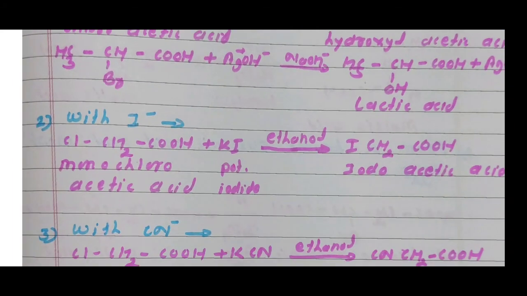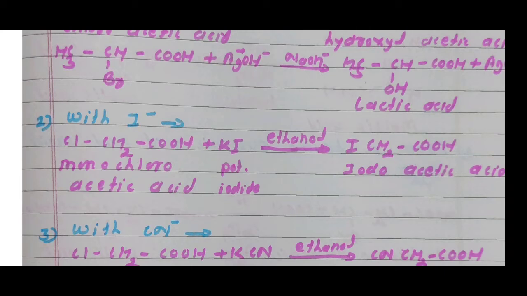Then the second reaction here, substitution by iodide. When chloroacetic acid is treated with potassium iodide, KI, in ethanol, it gives iodoacetic acid. Means chlorine is replaced by an iodine atom.